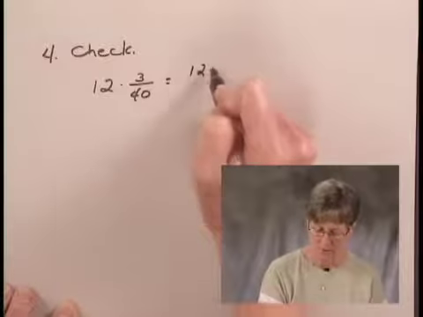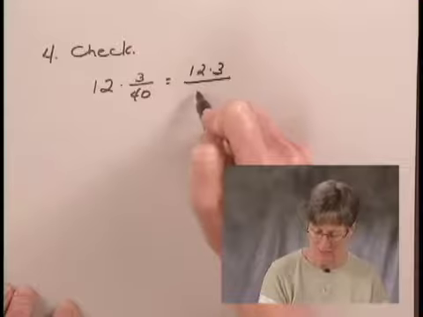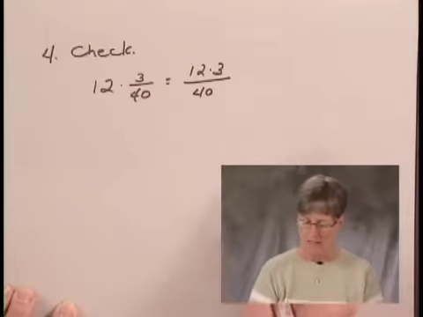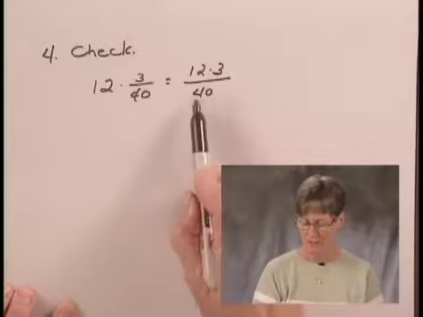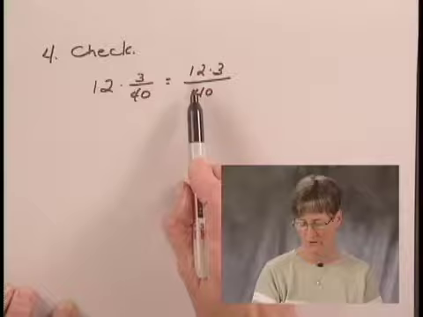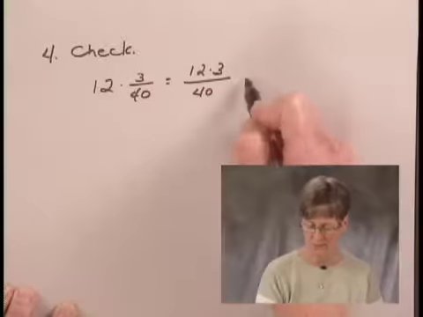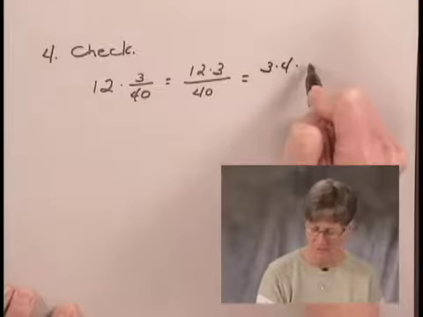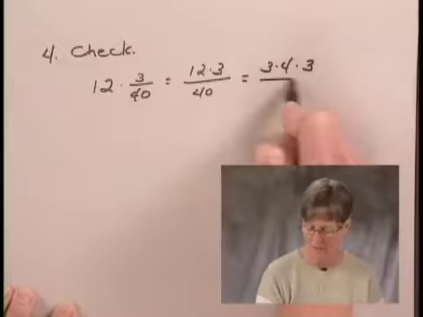Multiplying in the numerators, I have 12 times 3, and in the denominator I have 40, or we could think of it as 1 times 40. Simplifying, I look at 12 and I see that it has a factor of 4 and 40 has a factor of 4. So I'm going to write 12 as 3 times 4, and then I have another factor of 3 in the numerator.